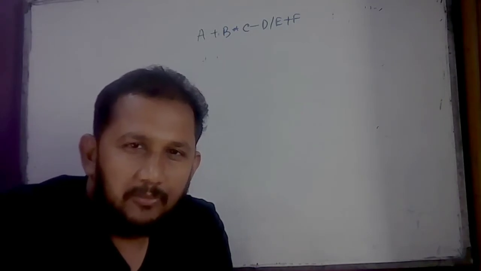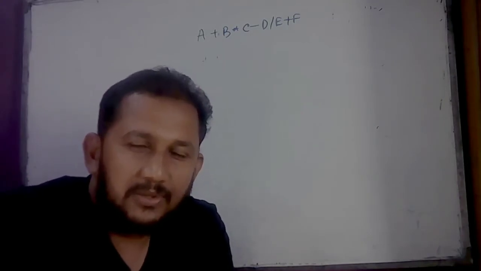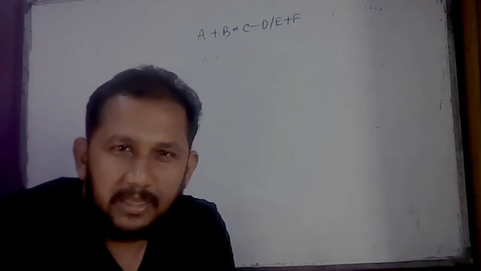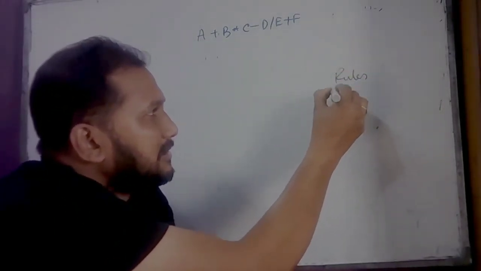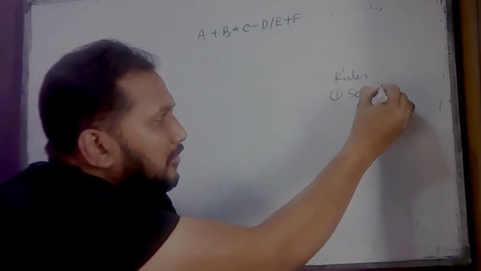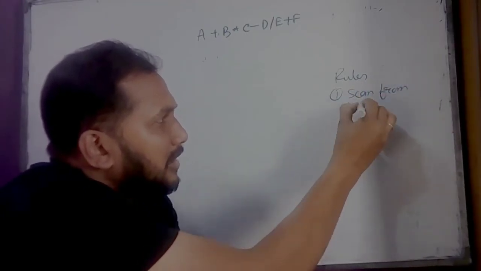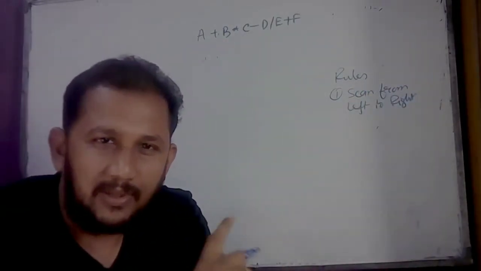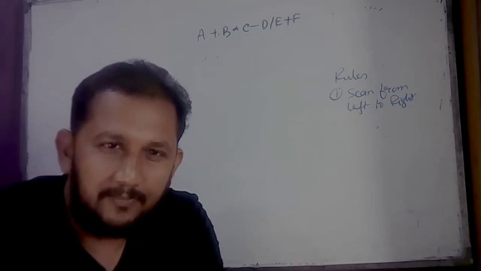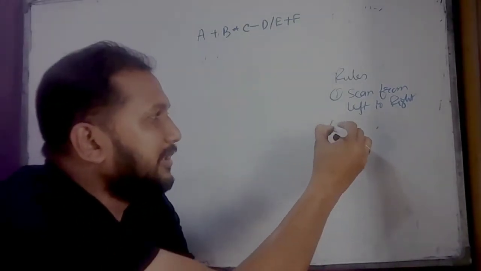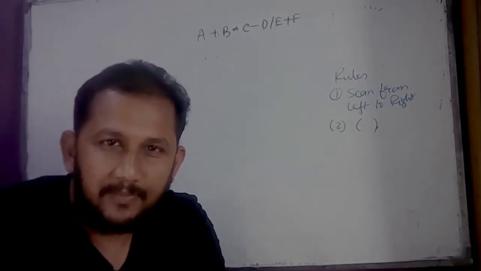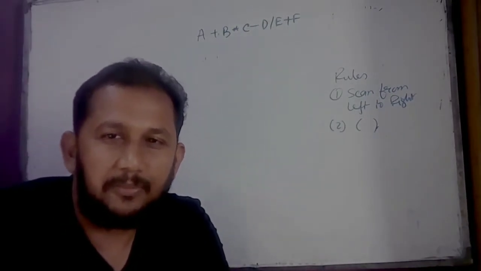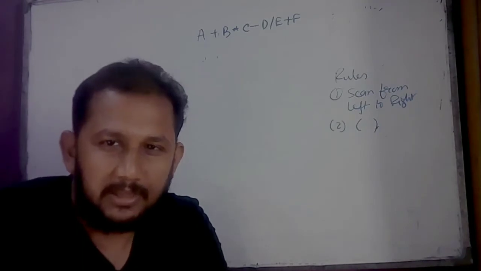Before I convert infix to postfix, we have to know some rules. The first rule is to scan from left to right. The second is that the priority of bracket is first. If there is a bracket in the expression, then we need to perform it before any other operation.